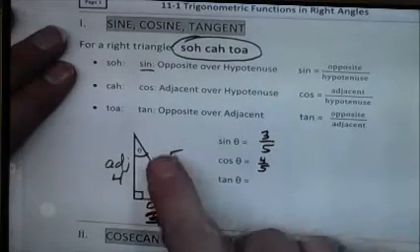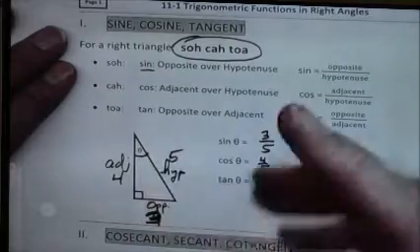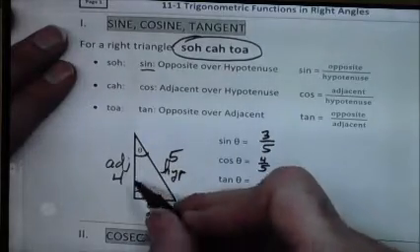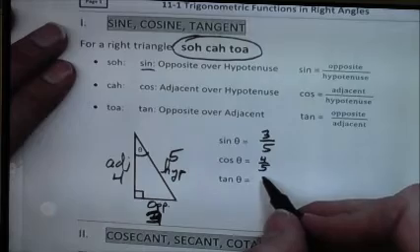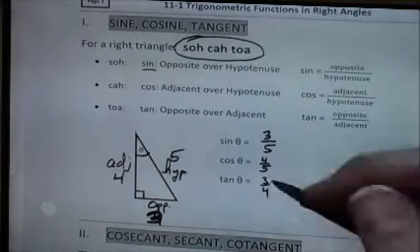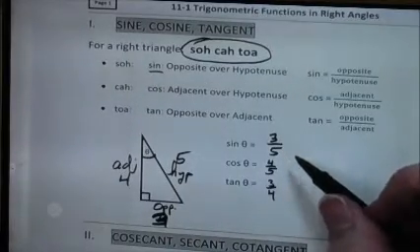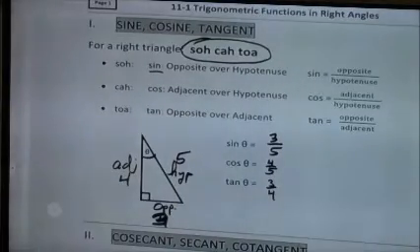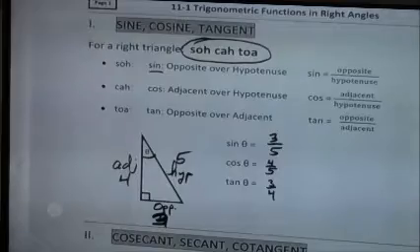And the tangent doesn't use the hypotenuse at all. For the tangent of this angle, it's the opposite divided by the adjacent, so it's going to be 3 divided by 4. These can be made into decimals as well. So if you said 0.6 or 0.8 or 0.75, that would be considered correct too. Okay.